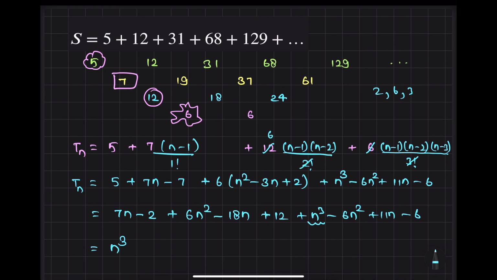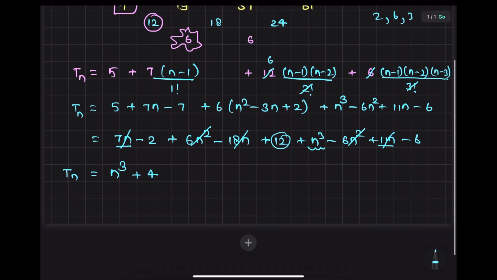Now n square: 6n square, 6n square gone. Now n: 11n plus 7n is 18n, and this minus 18n is neutralized, vanishes. Now this is 12, this is 2 and that is 6. So 12 minus 8 is 4. So this is your formula for the nth term.